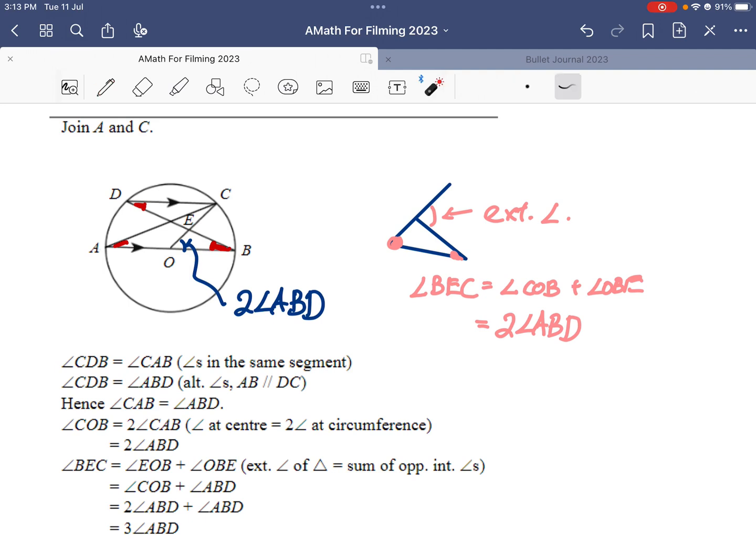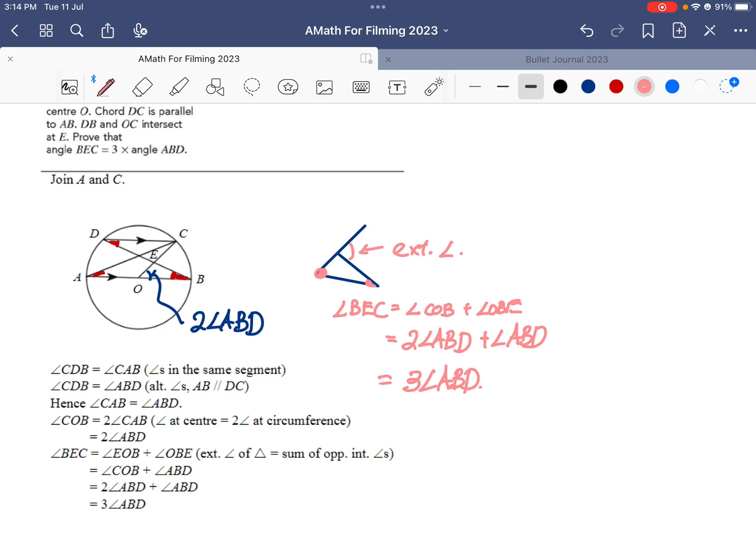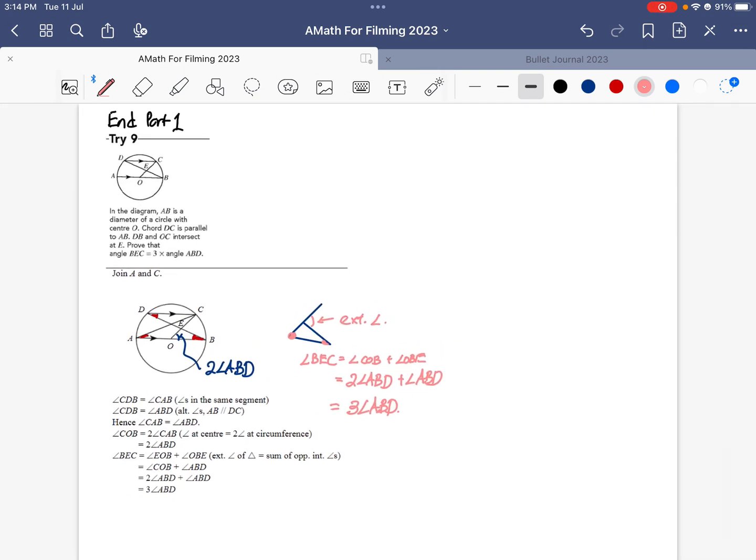And angle OBE we have proven earlier is equal to this, these 3 angles are equal. So OBE is actually the same angle as angle ABD. So it's plus 1 more angle ABD. 2 ABD plus 1 ABD is 3 times angle ABD. That's it for this one, and that's the end of part 1 for 19.3.